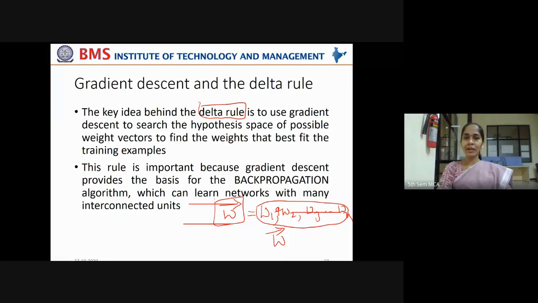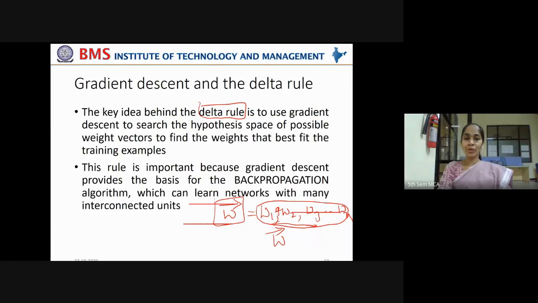So the key idea behind the delta rule is to use gradient descent to search the hypothesis space of possible weight vectors, to find the weights that best fit the training examples. Same thing we have seen in the perceptron training rule also. Now let us see what is actually different from the perceptron training rule.